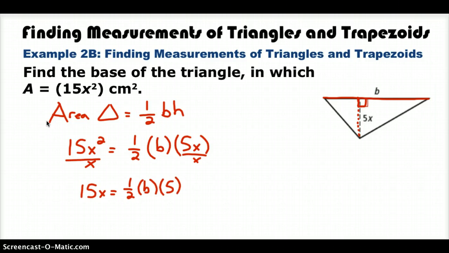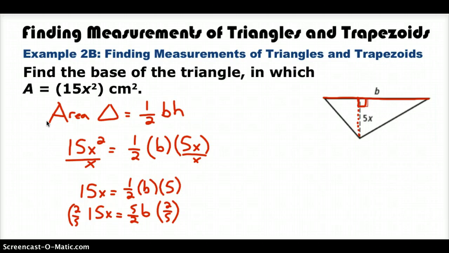Doing a little more algebra, half of 5 is 5 halves, or 2.5. So now 15x equals 5 halves times b. To solve for b, recall from algebra that we have to multiply both sides by the reciprocal of 5 over 2, which is 2/5.